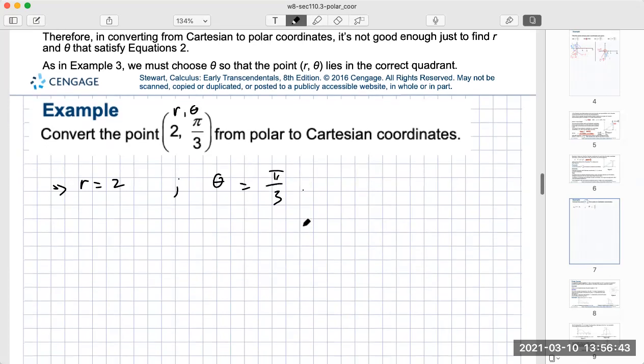Okay. So the relation is this. X is R cosine theta, right? Y is R sine theta. We're given R and we're given theta, right? Therefore, what is X? Yeah, what is it?